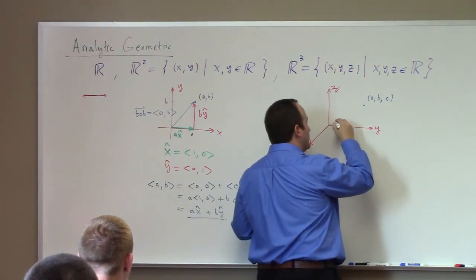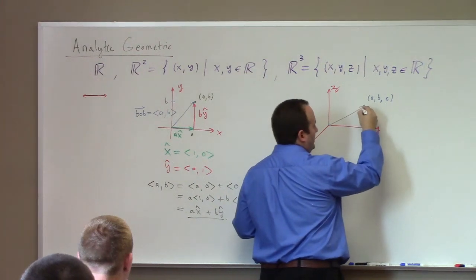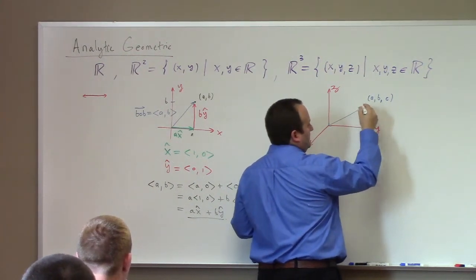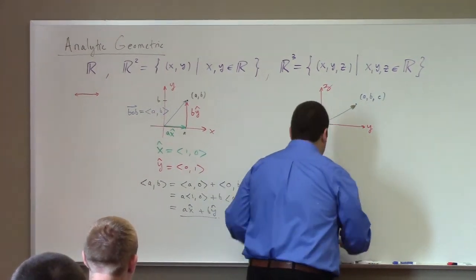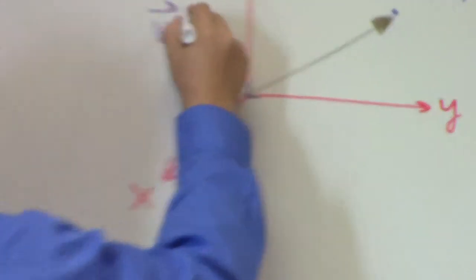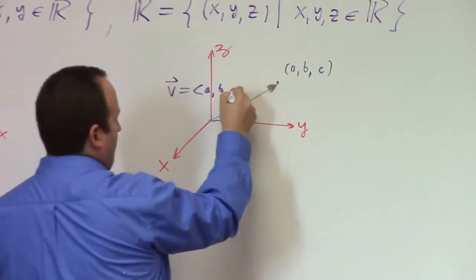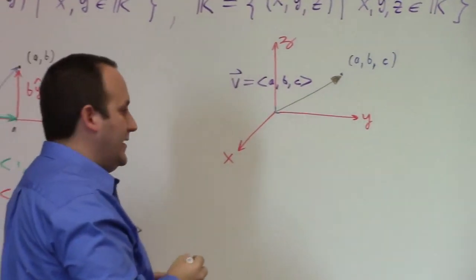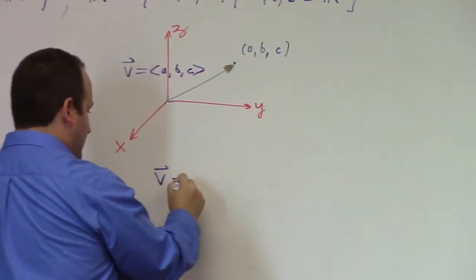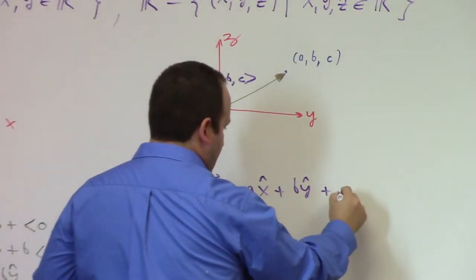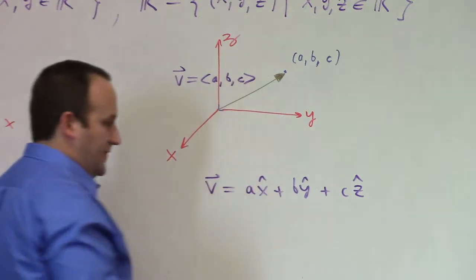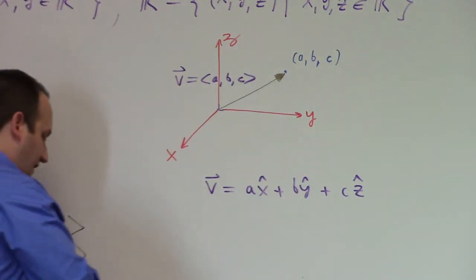Now, obviously we can identify that with the directed line segment from the origin in 3 dimensions, right? If I want to emphasize that it's a vector, I use my angle brackets. I have something like v is equal to ⟨a, b, c⟩, and again, I can decompose it into a x-hat plus b y-hat plus c z-hat. But this time, context matters.